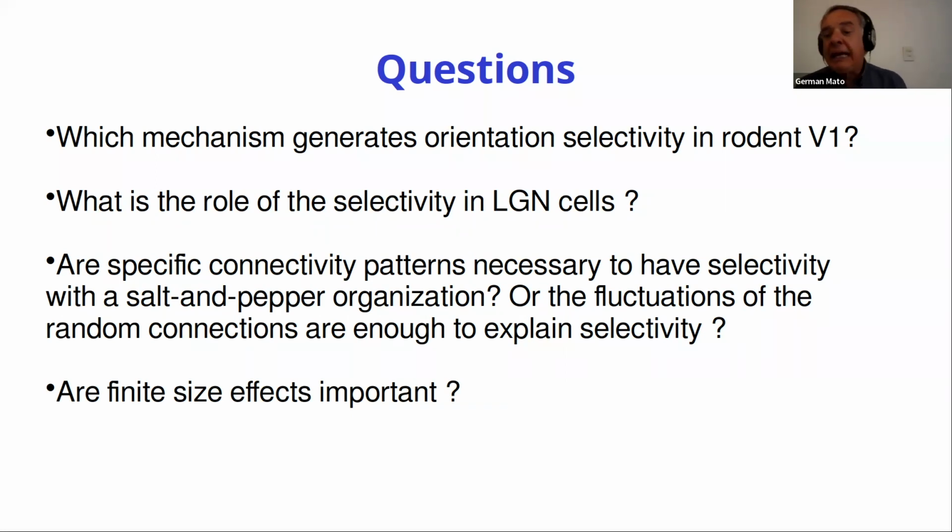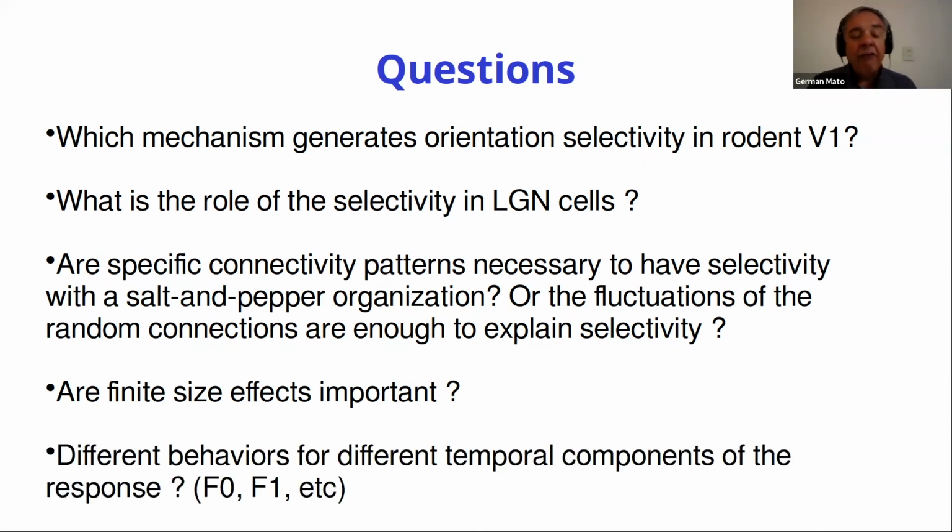I mean, would it be the same to have 20 connections, 100 connections, or 500 connections per neuron? And finally, there will be different behaviors for different temporal components of the response, F0, F1, etc. These essentially are the main questions that we're going to try to answer in the rest of the talk.